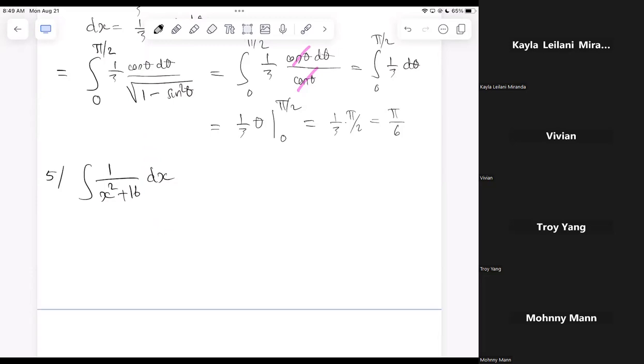Yes, because you have the variable squared plus the number. So you have tangent. But we need the number 1 here, right? That one is secant. So we need to modify a little bit by factoring out.